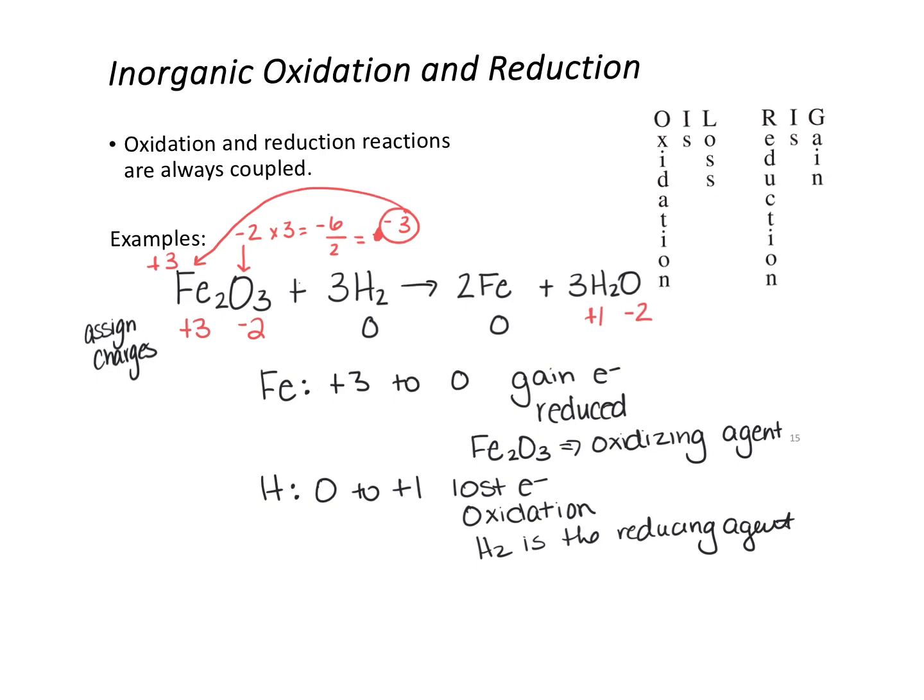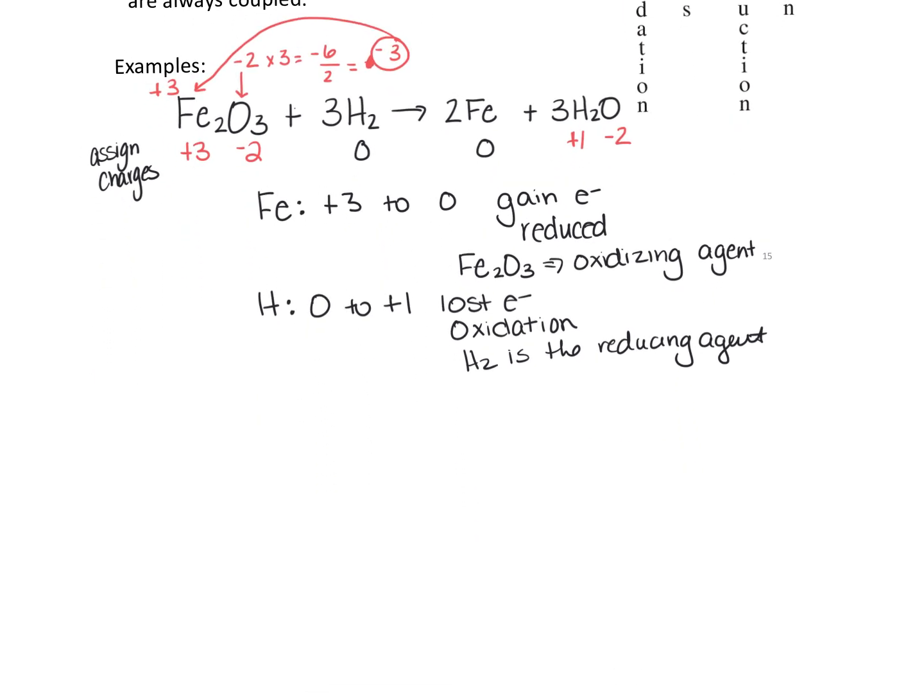Okay. Let's do one more example. And in this example, if you wanted to, you could pause the screencast and try it on your own and then come back and check the answers. So when we look at this, this is a synthesis or a combination reaction.